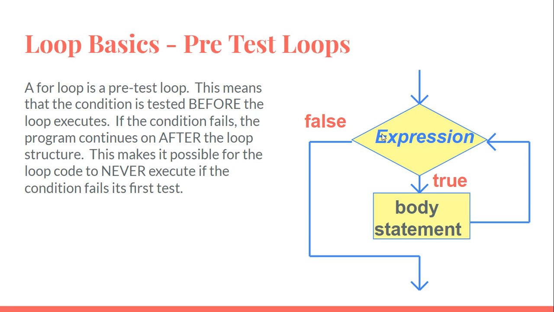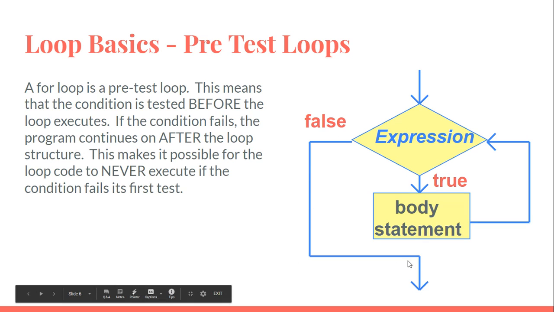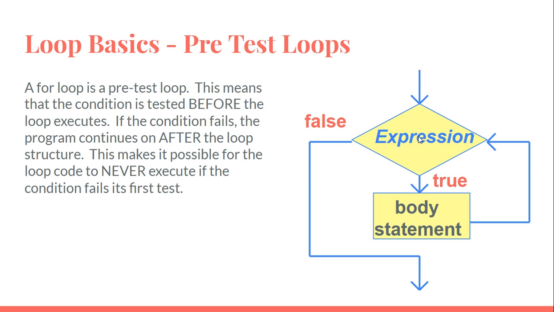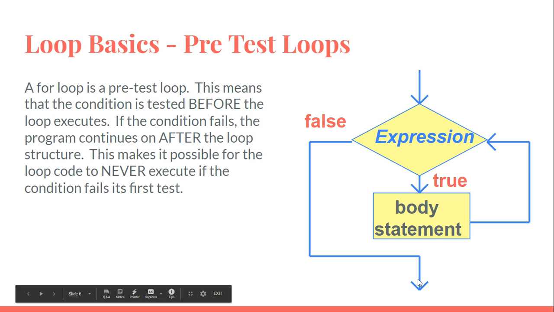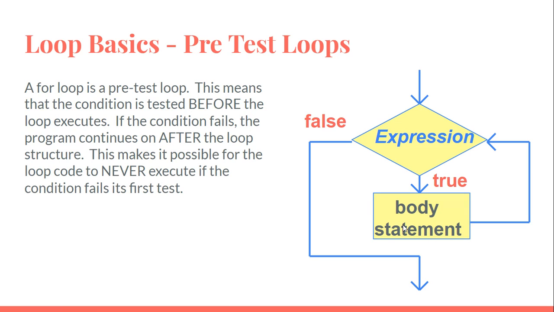Once this expression becomes false, then we bypass the loop body and go on with the rest of the program. But because a for loop is a pretest loop, it's conceivable that the first time we come down here, if this expression tests to false, then we go around and continue with the rest of the code, the body of the loop never executing.